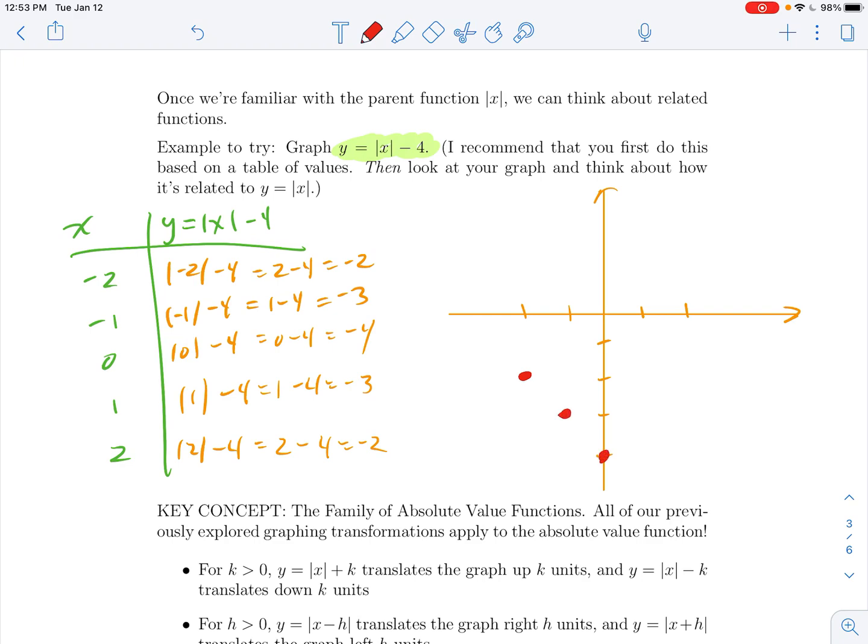I have a point where x is 0 and y is negative 4. I have a point where x is 1 and y is negative 3. I have a point where x is 2 and y is negative 2. And then we'll just sort of hope that we can connect these in the most plausible way. So there is our graph of y equals the absolute value of x minus 4.